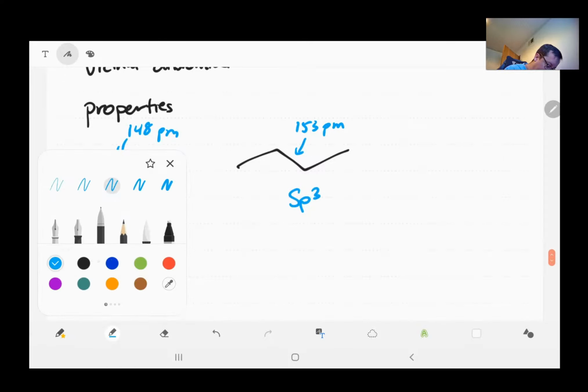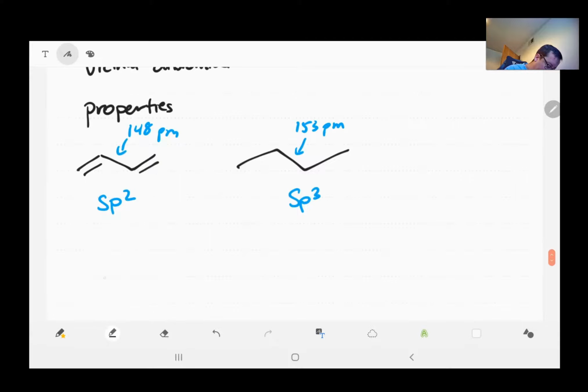But even though they're both carbon-carbon single bonds here, we can talk about that with the hybridization effect. That's one way to describe it. Remember that an sp3 orbital looks kind of like that. This is an sp2 orbital. I'm such a good artist, guys. They look identical, right?